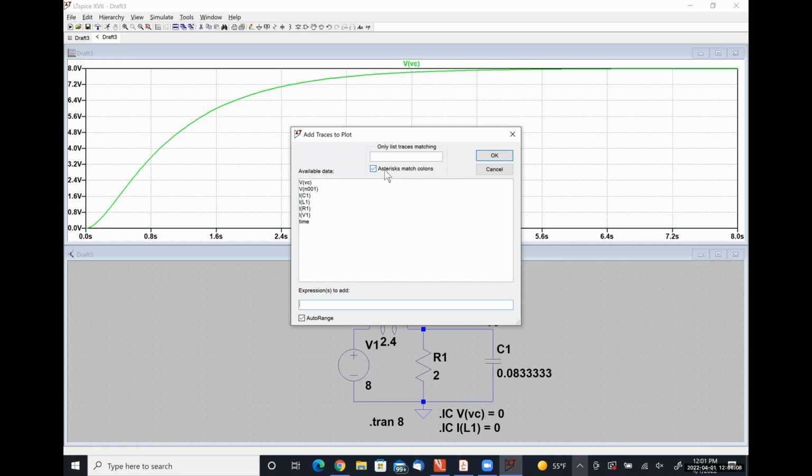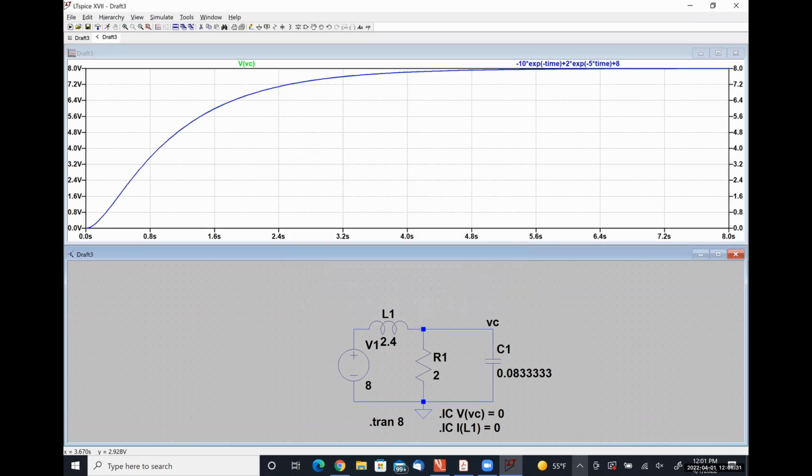So that's going to look like -10 times EXP negative time plus 2 times EXP -5 times time plus 8. And they match. Obviously, if the voltage matches, the resistor current's going to match because it's literally just this divided by a factor of 2. So I'm not going to bother actually simulating that one and showing you.